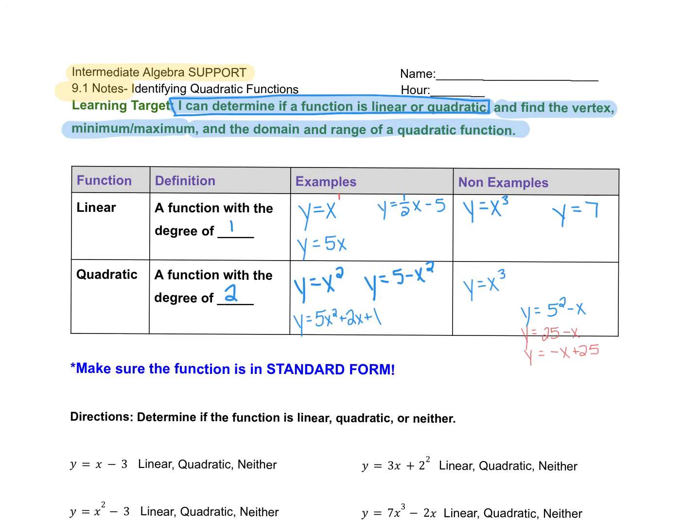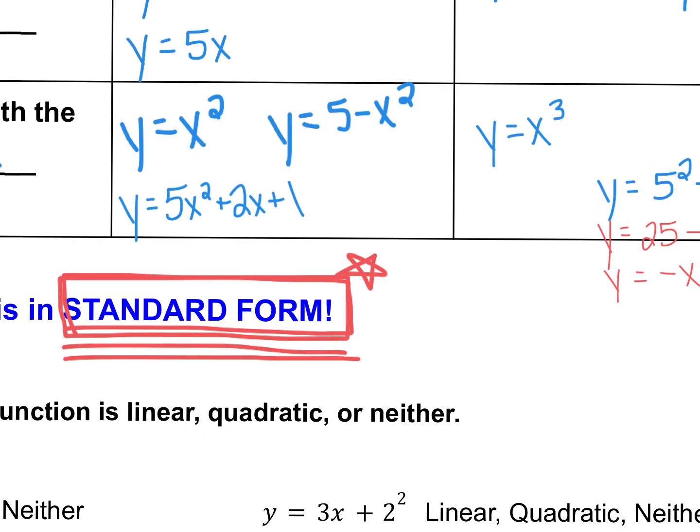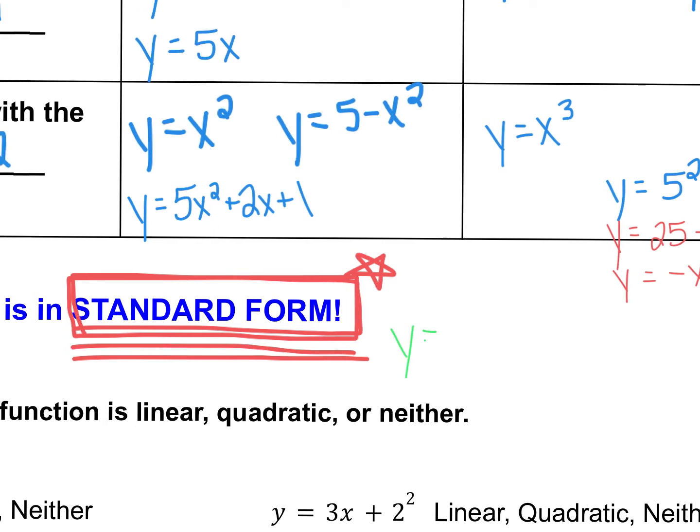I even said make sure the function is in standard form. So in your notes, can you please put a box around this and then put a star by it and then underline it? Don't ever forget this. Standard form is our best friend. Remember, our standard form is when I have, in this case, y equals ax to the second plus bx plus c.